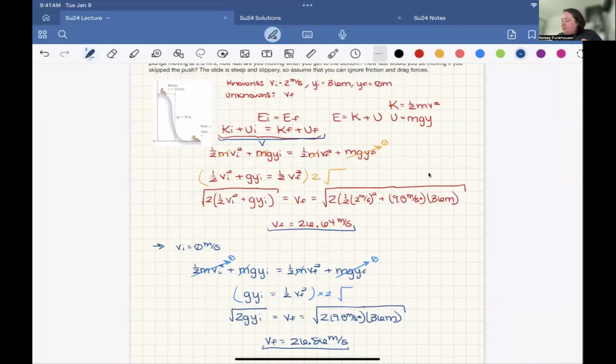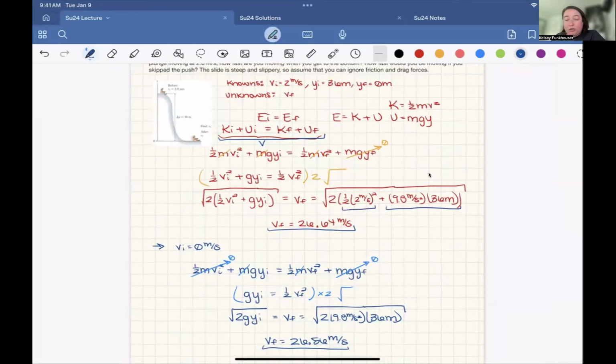I thought that was an interesting example of how the initial velocity really doesn't matter. You can see that this will be the case. With this term here, that's much bigger.